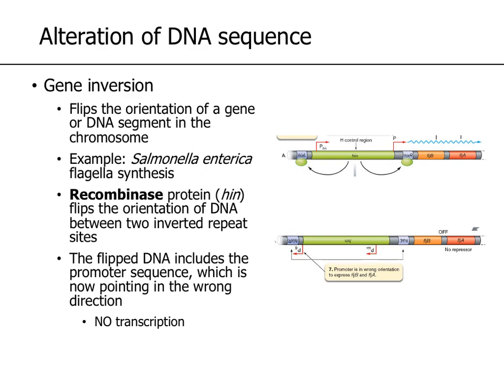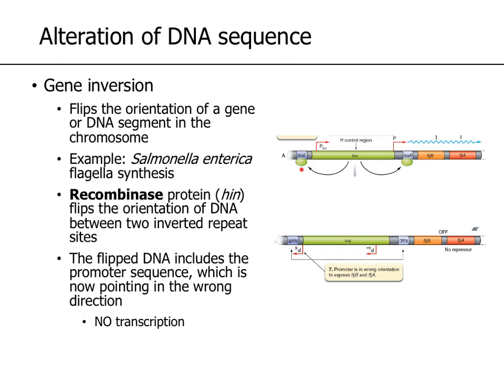An example of this is found in Salmonella enterica, in flagella synthesis. There are enzymes called recombinases, so this is the class of the enzyme. For this species, it's called Hin. This actually flips the orientation of the DNA between two inverted repeat sites. So they don't do it just randomly. There's going to be some kind of sequence that it recognizes that is going to be flanking whatever gene it's going to flip.